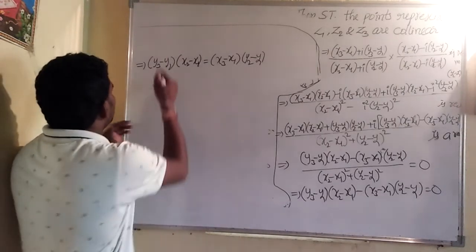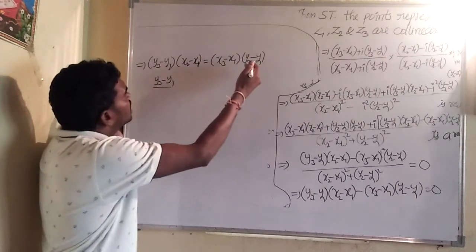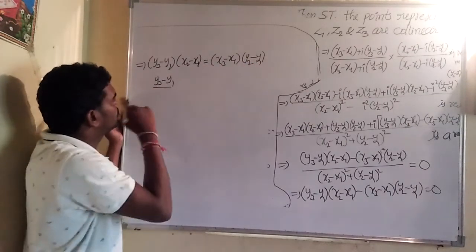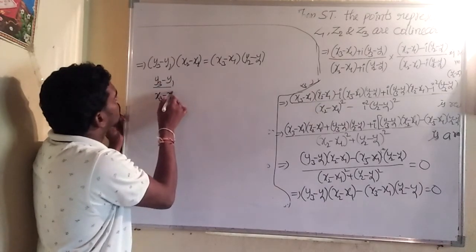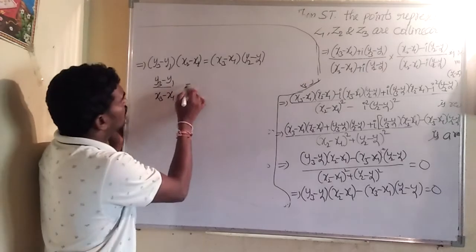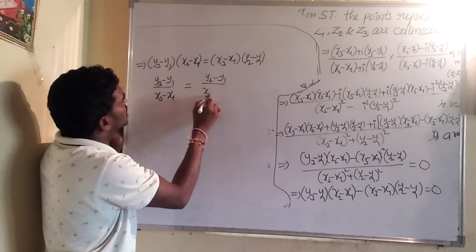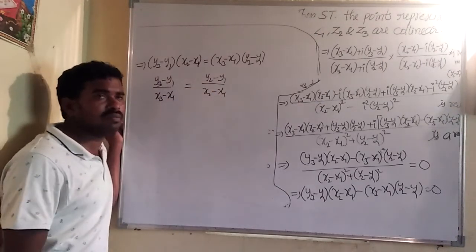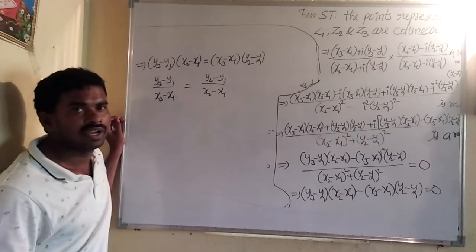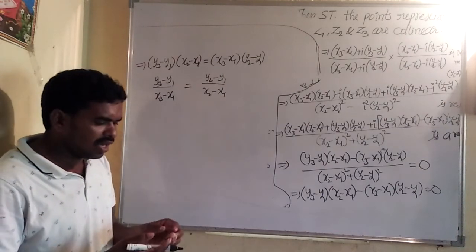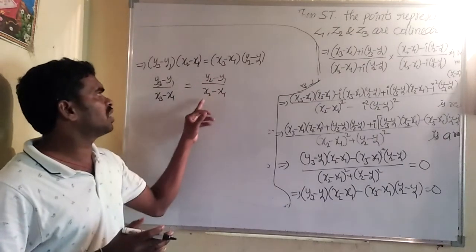Then bring this (x3 minus x1) to the left side, so (y3 minus y1) by (x3 minus x1) is equal to (y2 minus y1) by (x2 minus x1). Now tell me, according to coordinate geometry, and you will learn this again in straight lines, what is (y2 minus y1) by (x2 minus x1)?